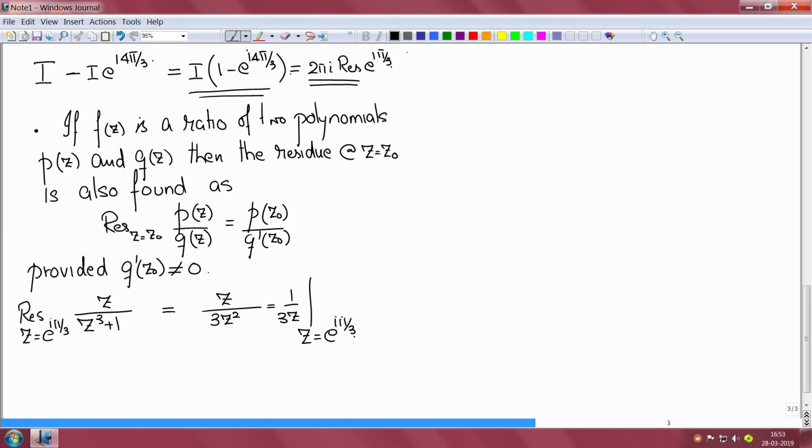So see what happens here. I times (1 minus e to the power i 4 pi by 3) is equal to 2 pi i times the residue, which is 1 over 3 e to the power of i pi by 3.